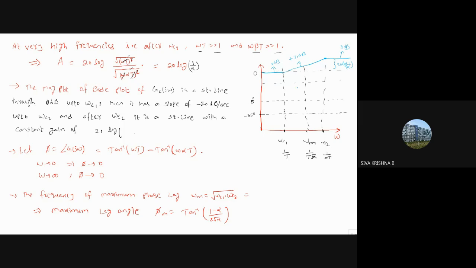So that's it. Coming to the phase, take this as 0 degrees here. Here is the phase plot and this is the maximum phase phi.